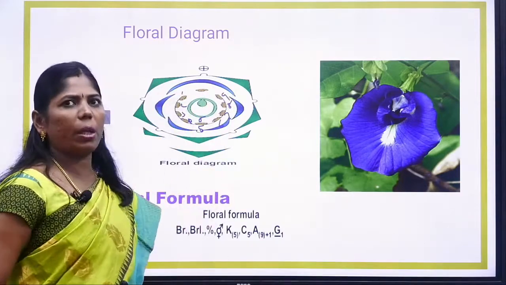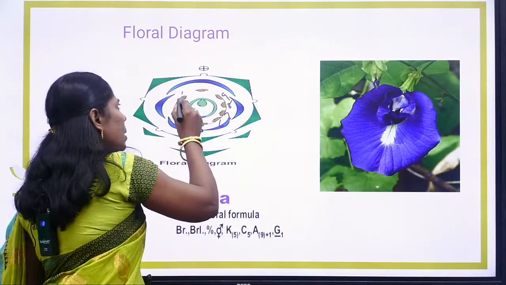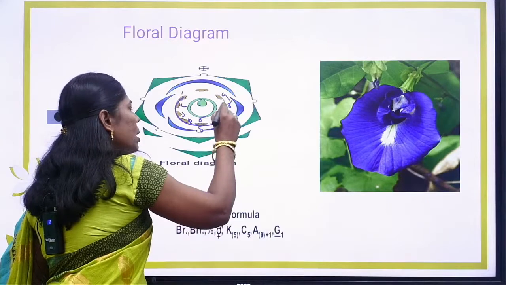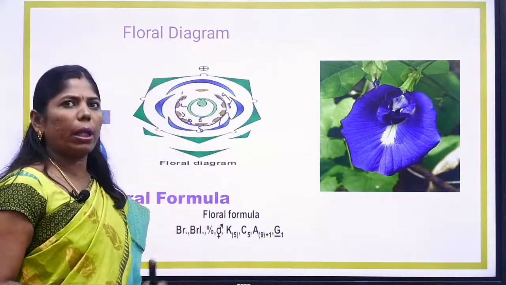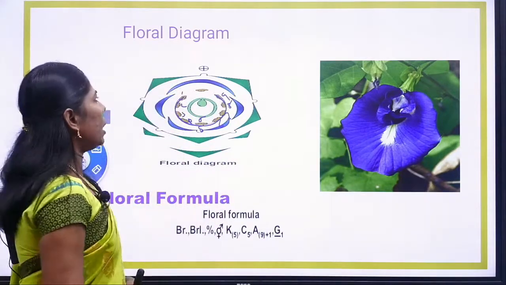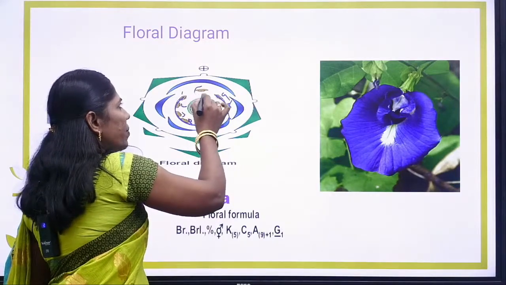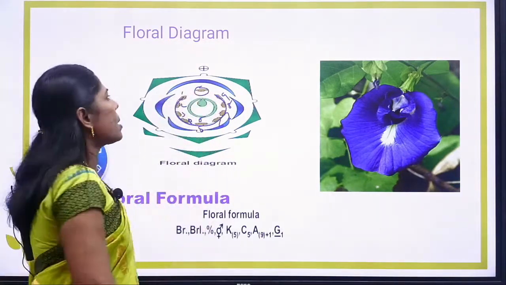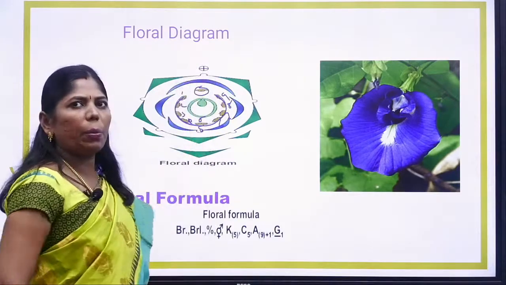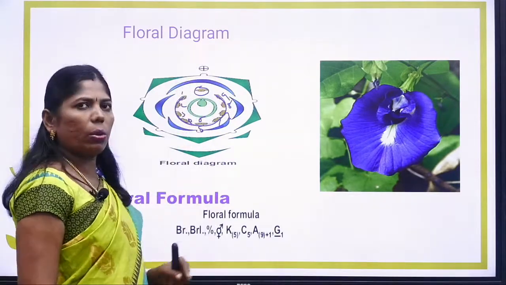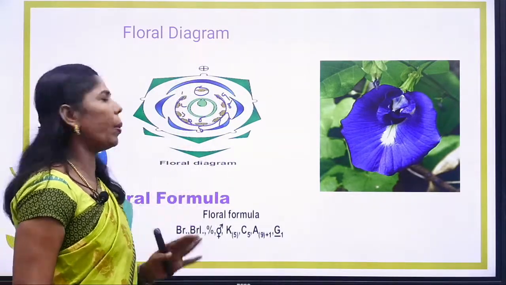Okay, it has 9 stamens. The 9 stamens are together, then only you have to draw the circle along with the stamens. Okay, அதை attach பண்ற மாதிரி நம்ம ஒரு circle போடுறோம். Only one stamen is free. Okay, so that is towards the posterior petal. Posterior petalக்கு நேரா தான் அந்த stamens இருக்கணும். ஓகேவா, it is a rule, இப்படி தான் draw பண்ணனும்னு இருக்கு.